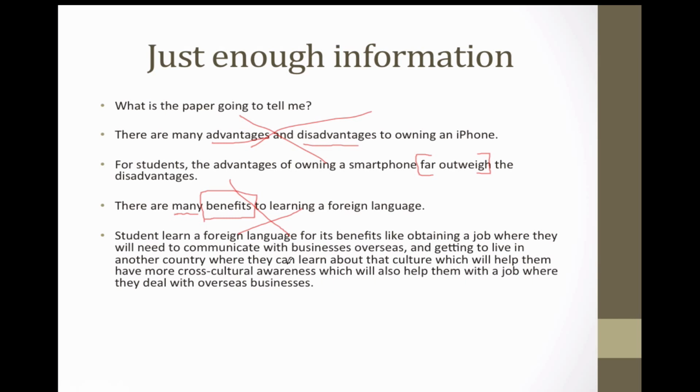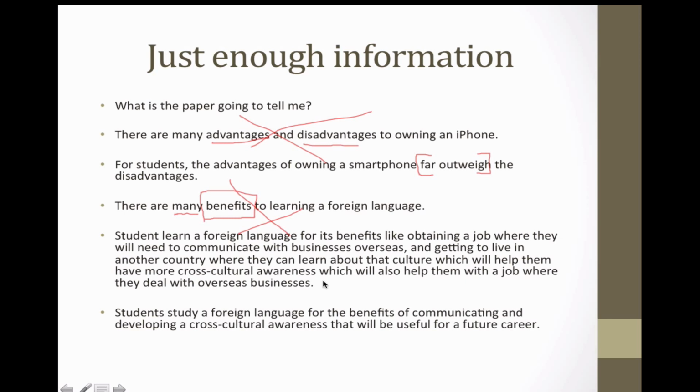All this information should be in those body paragraphs. So I want to cut this down because now I have too much information. Because if I give too much information, what is my body paragraph going to talk about? So just like you don't want to give away the end of a movie before someone goes to see it, you don't want to give away your body paragraphs before your reader goes to read it.